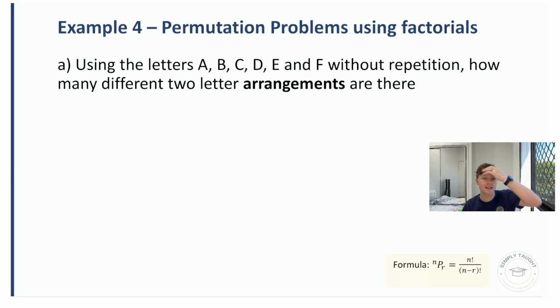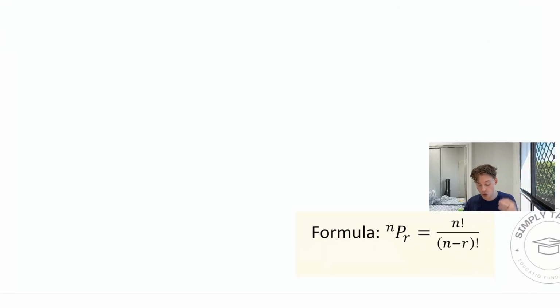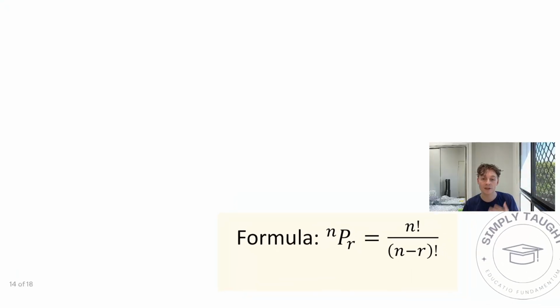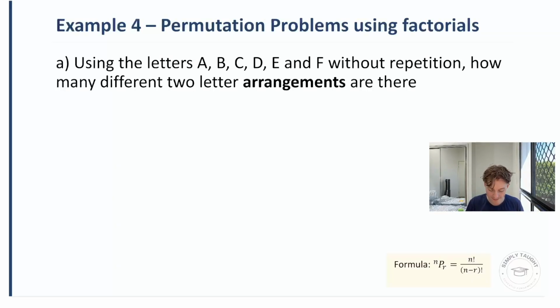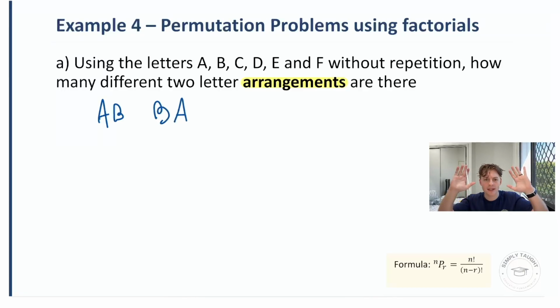So I would recommend learning the formula, which is also on most formula sheets in pretty much every single exam board. It certainly is in Queensland. The first thing I want to point out is this word here, arrangements. You can see I've written that in bold for a reason. Whenever I see the word arrangements, that implies that the order is important. That means that A, B and B, A count as 2 different arrangements.